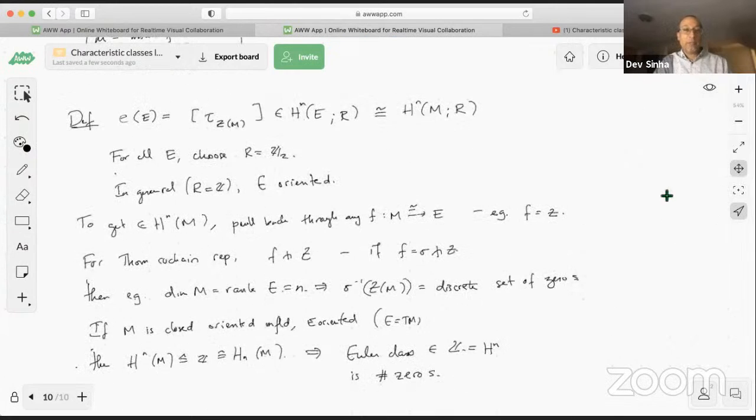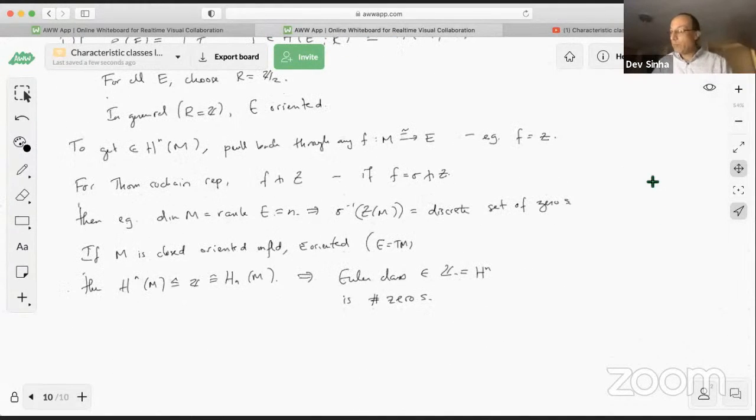But more generally, you don't have to have the rank N be the same as the dimension.